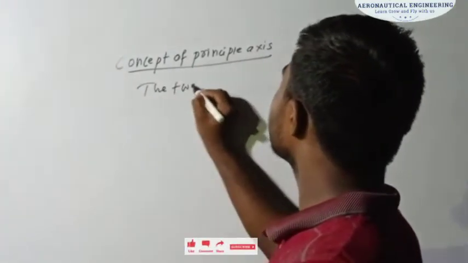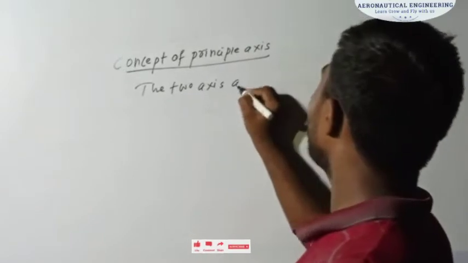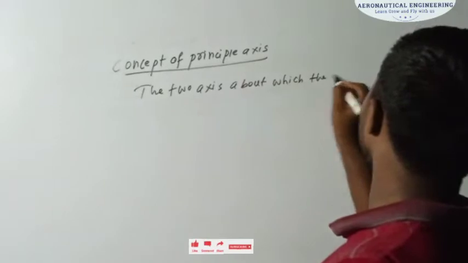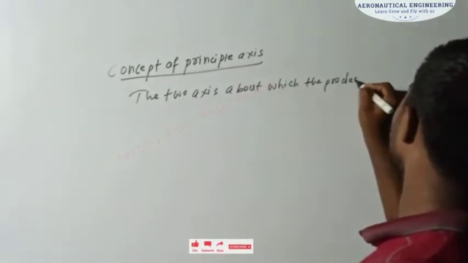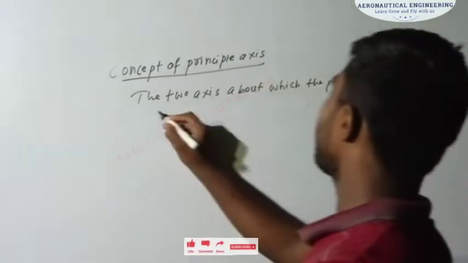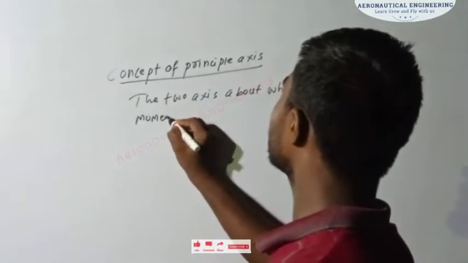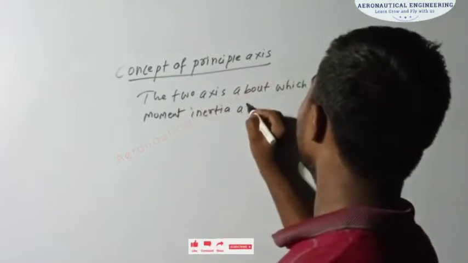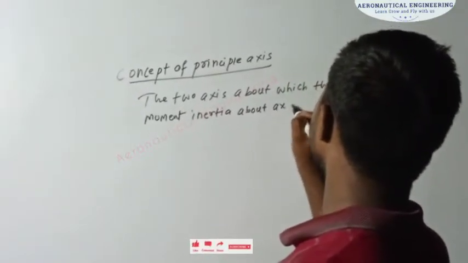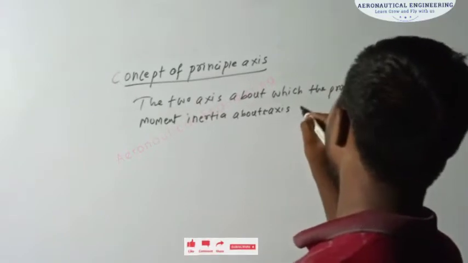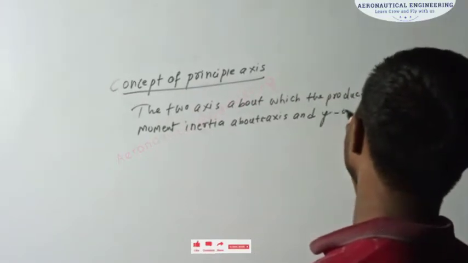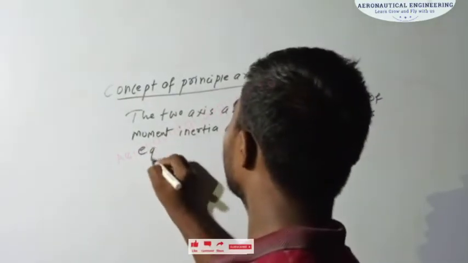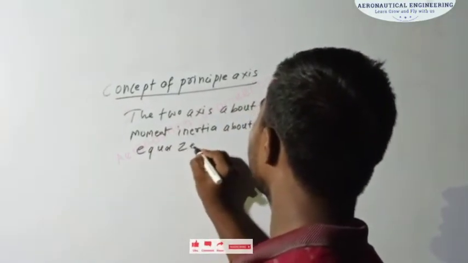The two axes about which the product of moment of inertia about the x-axis and y-axis is equal to 0.